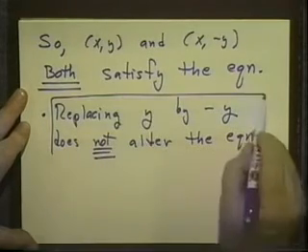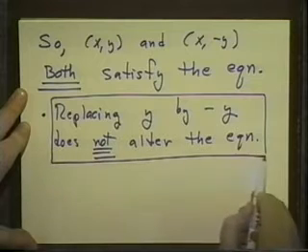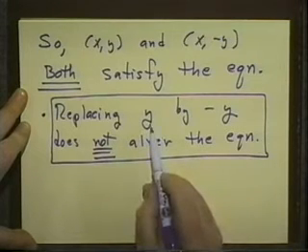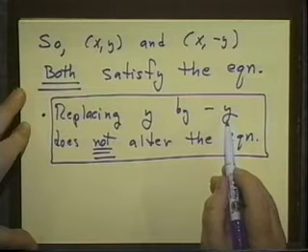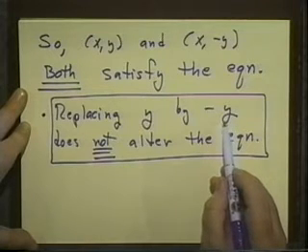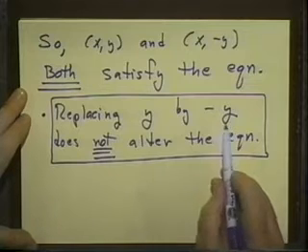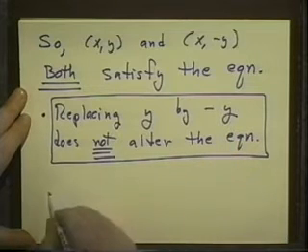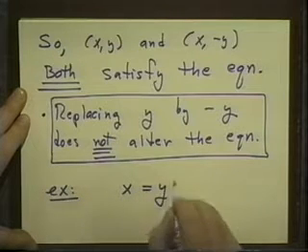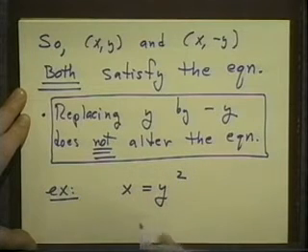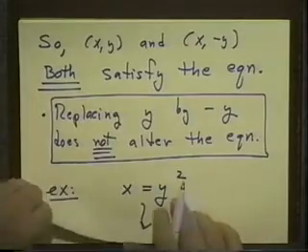So this is the actual test that you can apply to an equation. You can look at the equation and everywhere a y occurs, replace it by minus y. If the equation as a result does not change, you have an equation that is symmetric with respect to the x-axis. So the example I'm going to use here and carry on to the next sheet is x equals y squared. So let me carry that on.